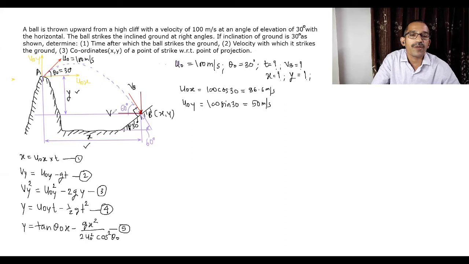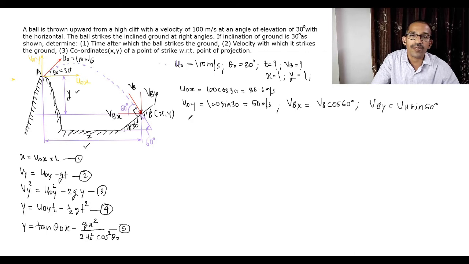Now to find out this VBX and VBY, simply we'll write in terms of VB and theta. This component is VBX. This component is VBY. Can you say your VBX is VB cos 60, and VBY I will write as VB sin 60. Now the horizontal component of velocity always remains constant.